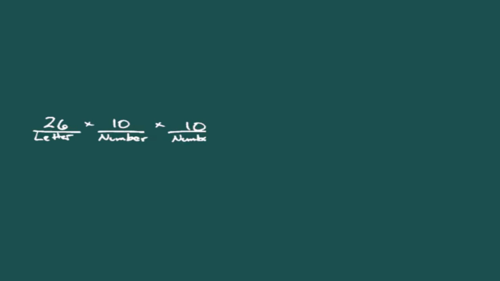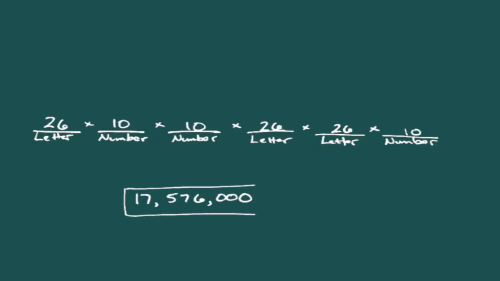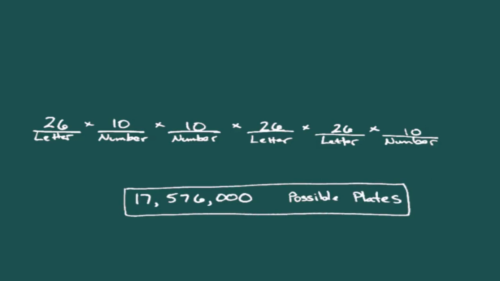So we have 26 times 10 times 10 times 26 times 26 times 10, which actually gives us a grand total of 17,576,000 possible license plates.